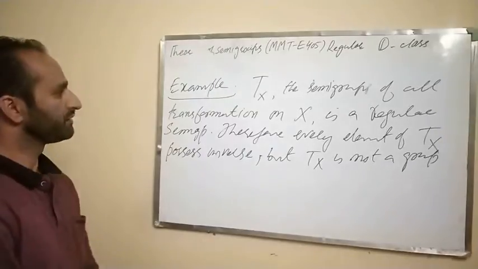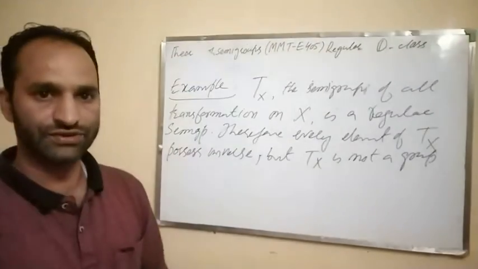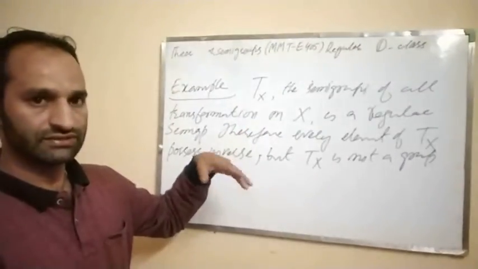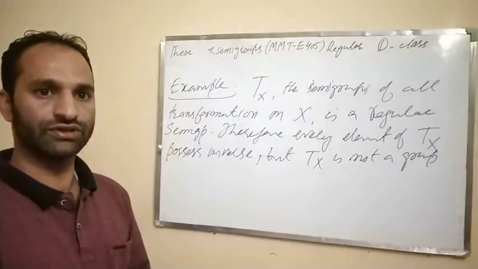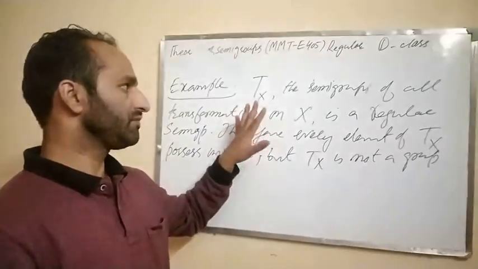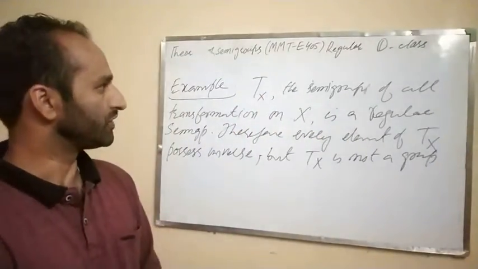We know why it's not a group, because it does not possess a group theoretic inverse. For any map which is not bijective, that map does not have a group theoretic inverse. But every map, whether bijective or not, possesses a semigroup theoretic inverse, not a group theoretic inverse.